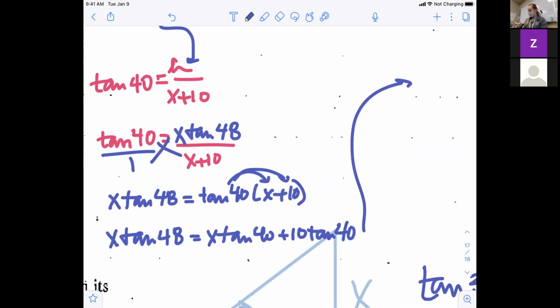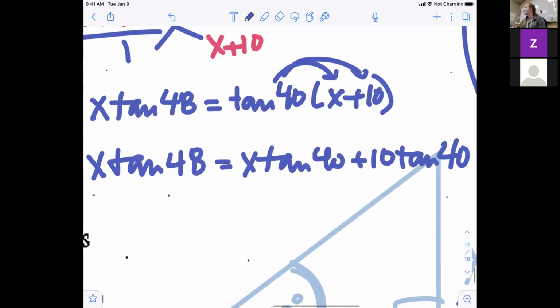My next step is to try and get the x's together so that I can solve to get x all by itself eventually. So I've got these two x's. Let's bring them both to the same side so then we can eventually divide something off. So I'm going to say minus x tan of 40 from both sides.